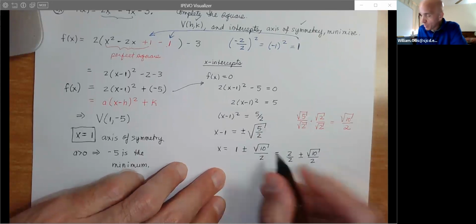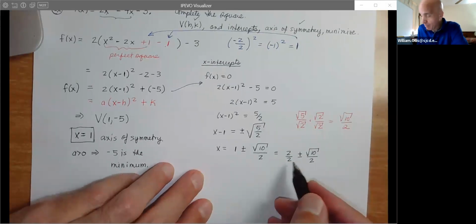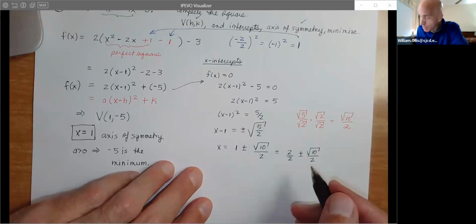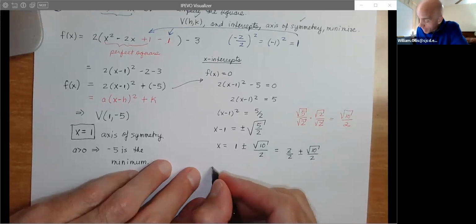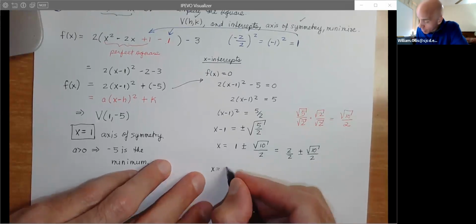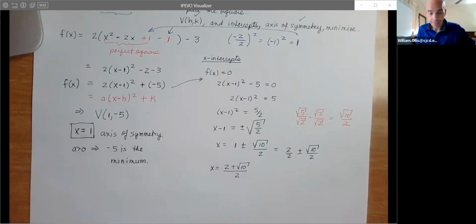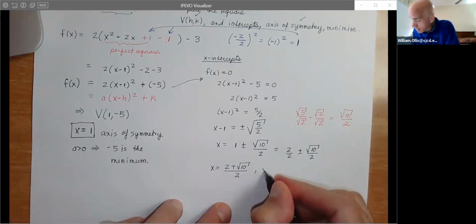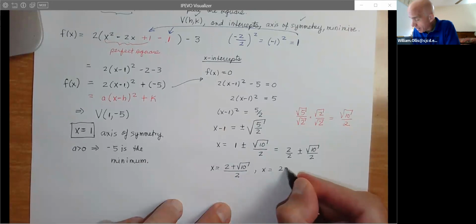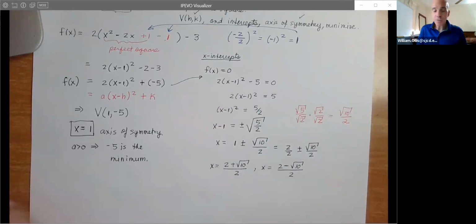Your choice. If you left it that way, it wouldn't matter, and I'm fine with it, but just some practice. And so now we get x equals 2 plus square root 10 over 2, and x equals 2 minus square root 10 over 2. So that just gives us our x-intercepts. Again, very, very straightforward, but good practice for the test.